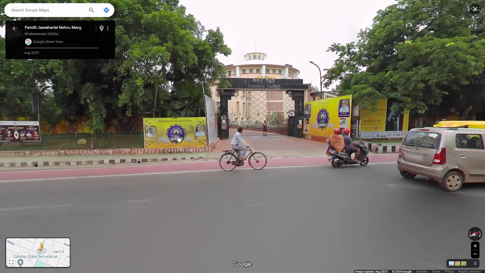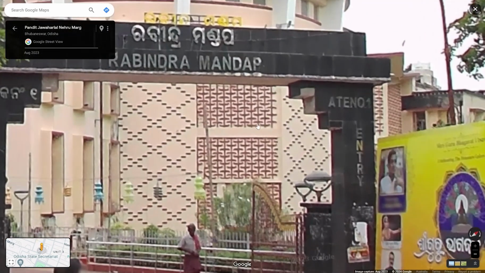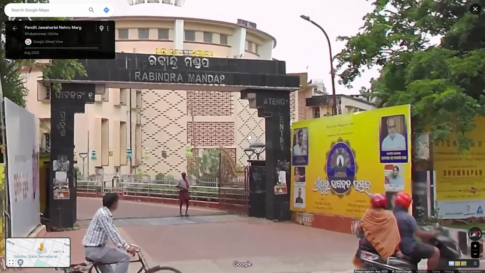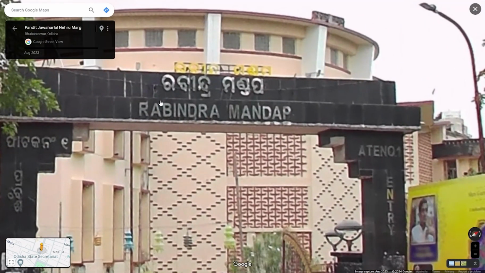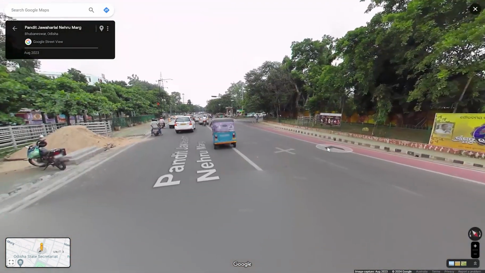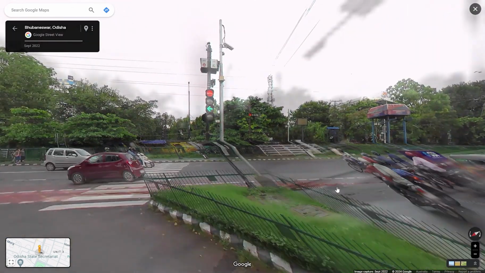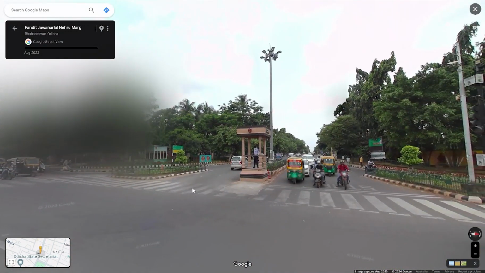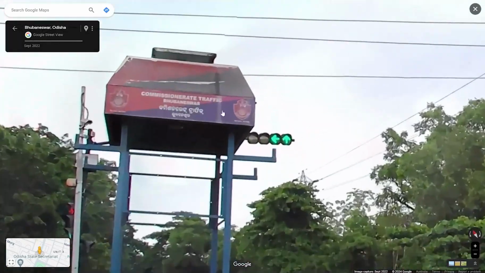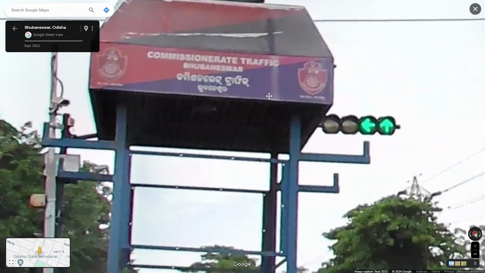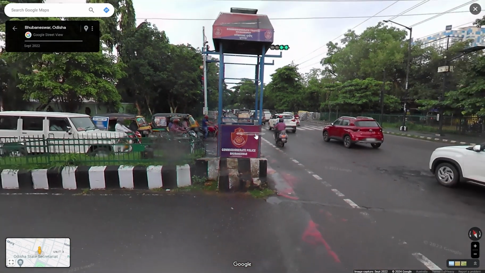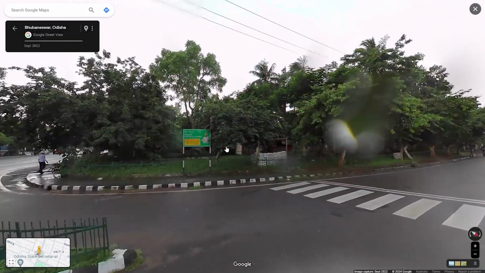So you can see, if I go to some Street View in Odisha, these signs are all written in Odia. You can see the distinct curved characters. If I move, we should see there's some more Odia script there.